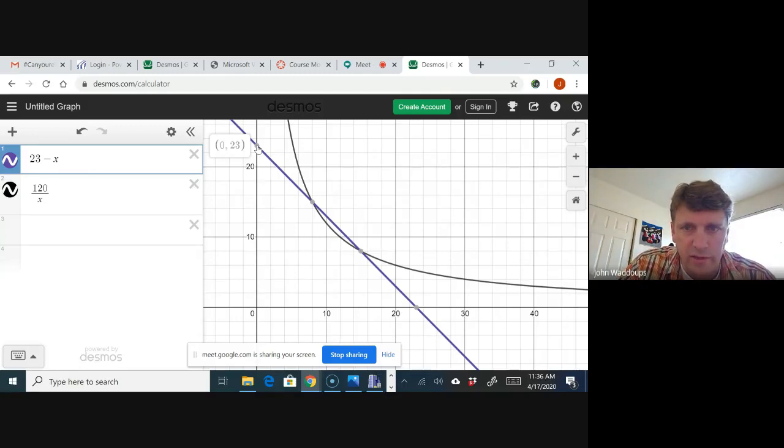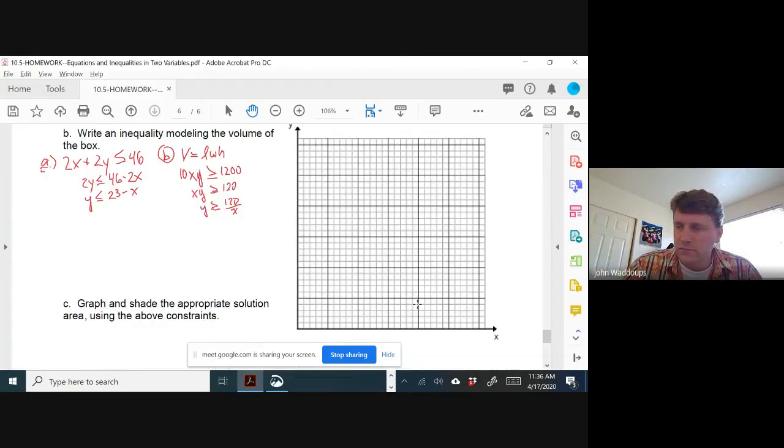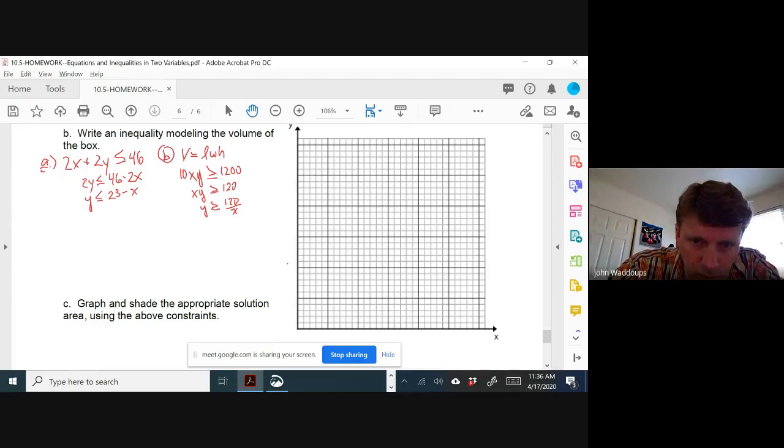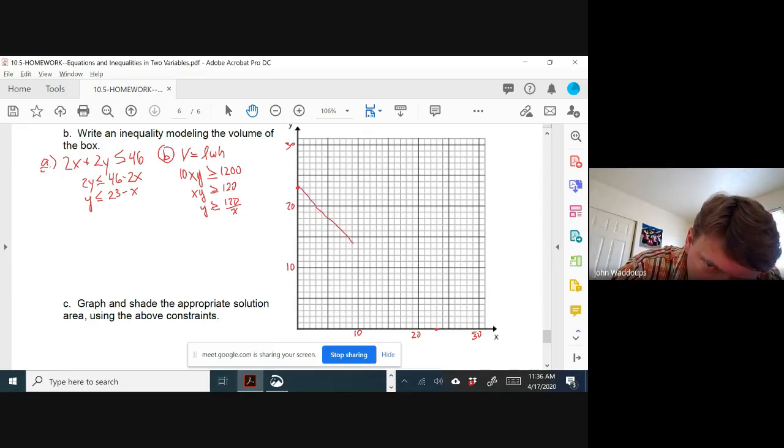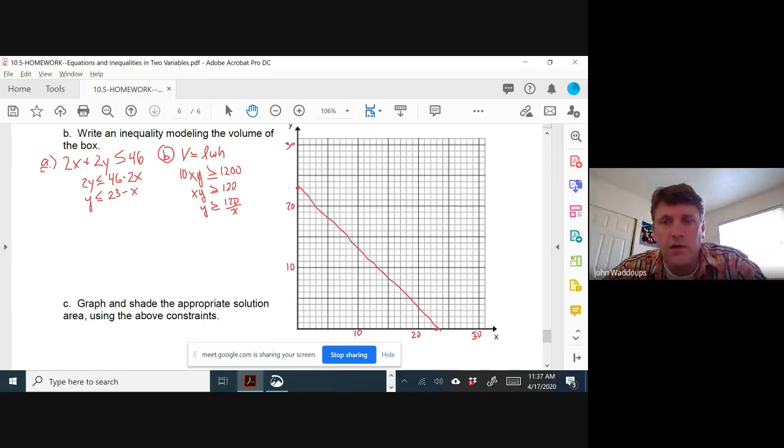Zero, 23 on the y-axis and 23, 0 down here. So I'm going to label this as 10 and this is 20, 30 down here the same, 10, 20, 30, and 23 for the one down here, 23 for the other. And I connect them with a line.